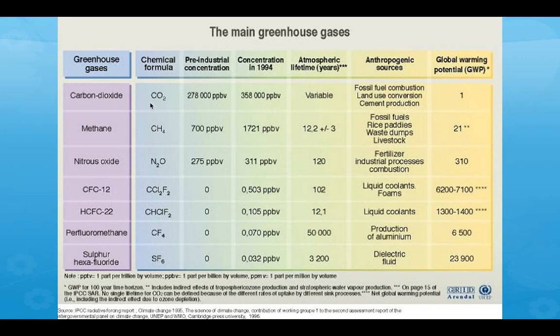Okay, so if you look at carbon dioxide, the pre-industrial concentration was 278,000 ppBV, and ppBV is 1 part per billion by volume. Now we're up to 358,000, and the amount of time it spends in the atmosphere is variable.